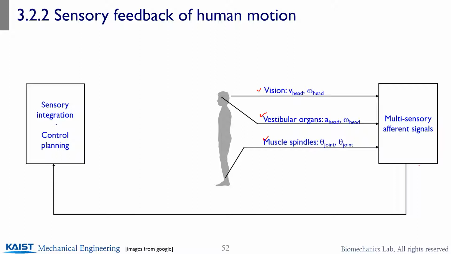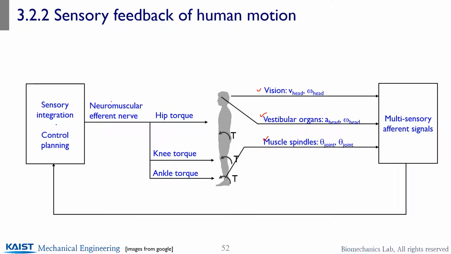Those multi-sensory signals are combined and sent to the brain. Then, based on the integrated sensory information, it works out how our body moves with respect to the environment and plans the control output. Those control outputs are sent to the neuromuscular efferent nerve pathway so that it will actuate the muscles at each joint, so that the muscles can produce the joint torques.